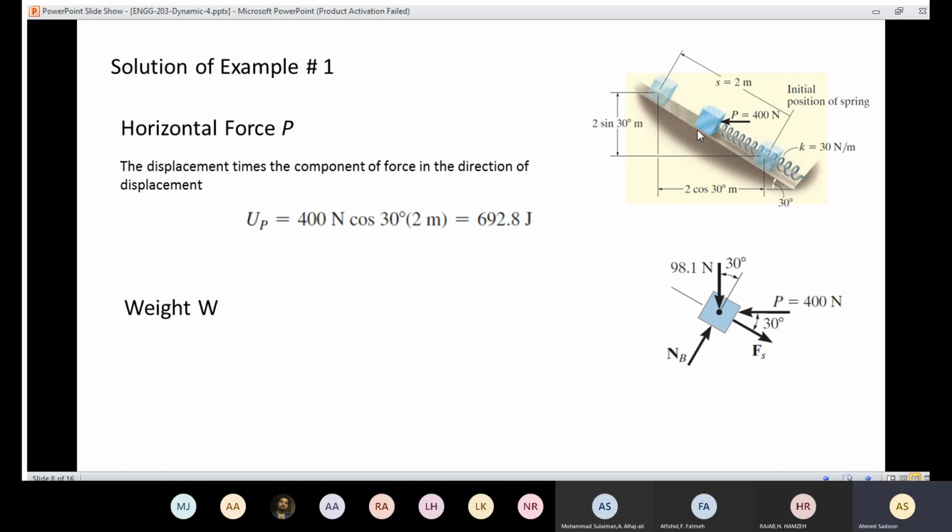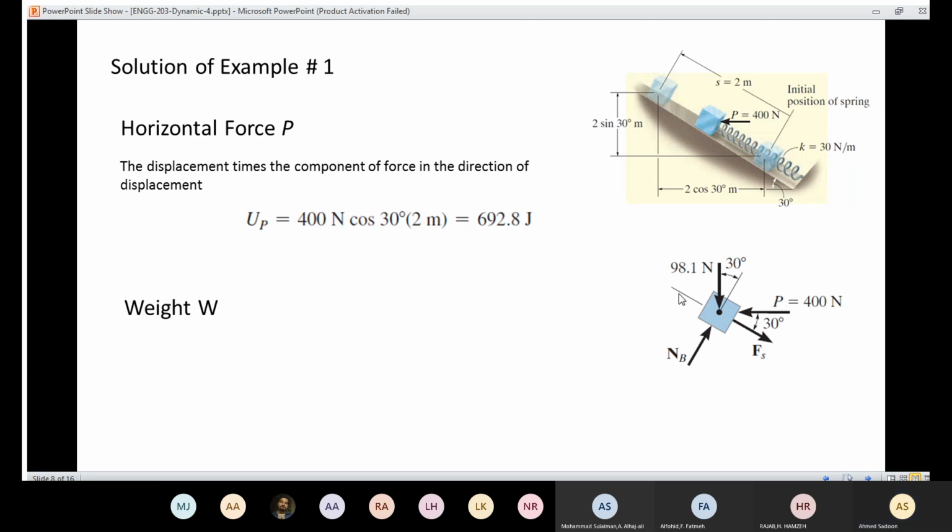And the weight is going to act down. Because of the weight, we have vertical displacement, and the weight also is vertical. So we multiply the weight times the vertical distance.